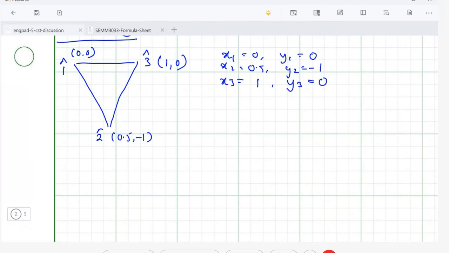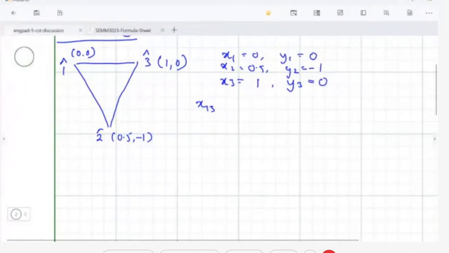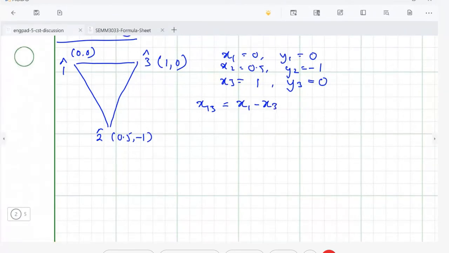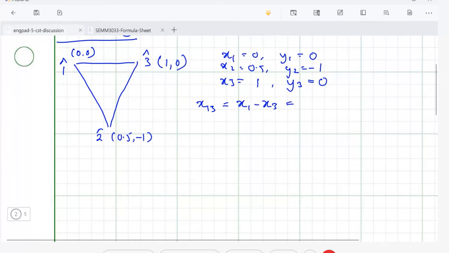In our case, we need to find X13. X13 is a notation saying X1 minus X3, a short form of the long notation. So X13 means X1 minus X3, and in this case, X1 minus X3 is minus 1. X23 is X2 minus X3, which is minus 0.5.